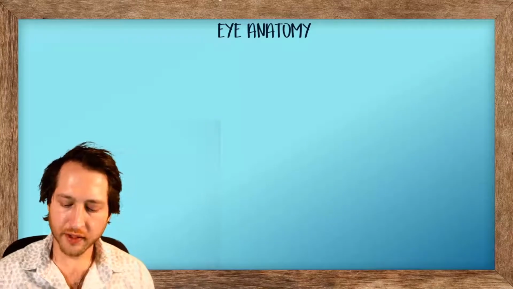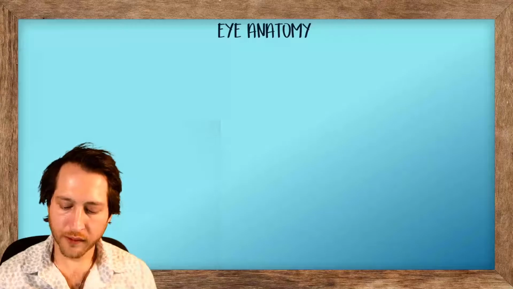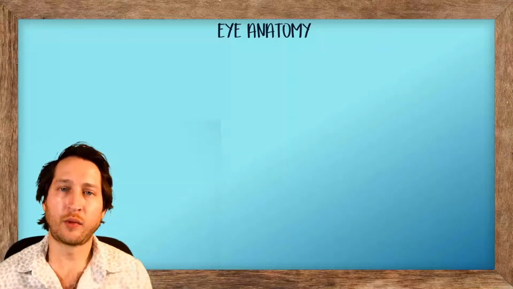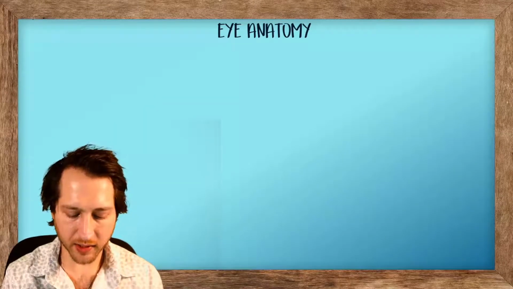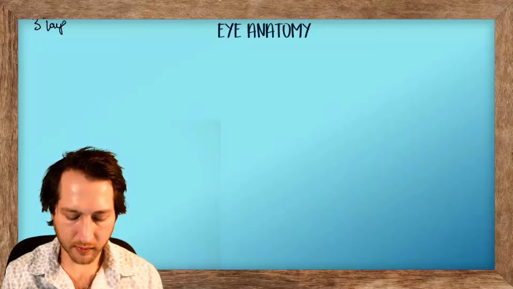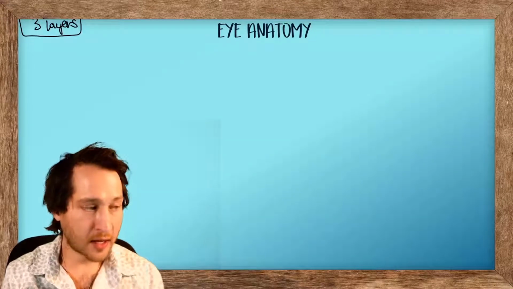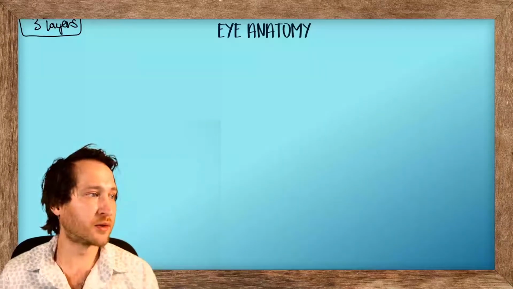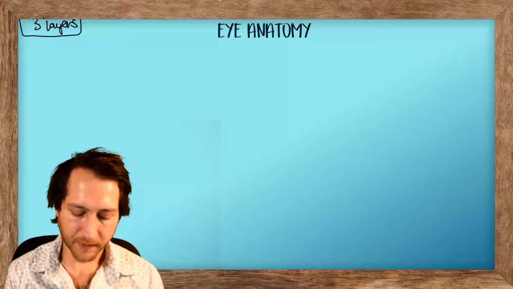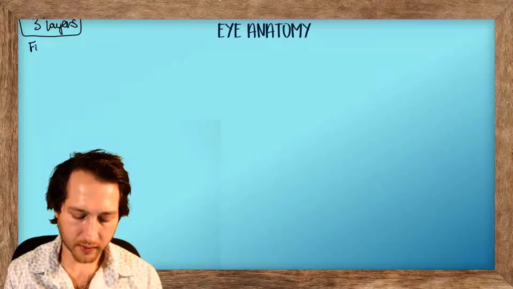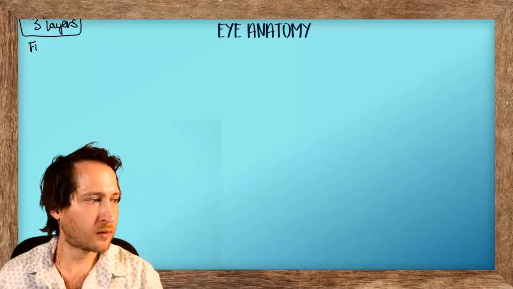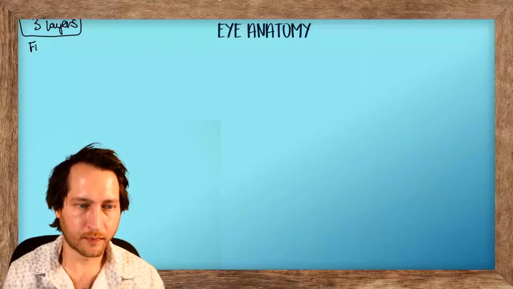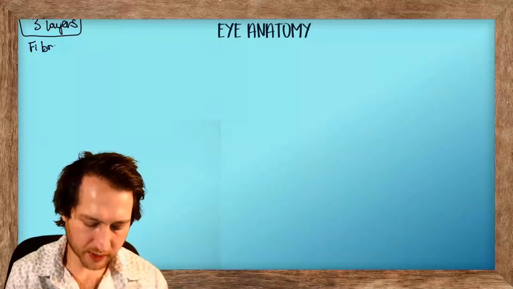Okay, so first off, let's review the layers. So remember I said that when we talk about the eye, we can break it up into 3 layers. And we'll talk about these going from superficial to deep, so the outermost layers to in. And start with the fibrous layer.